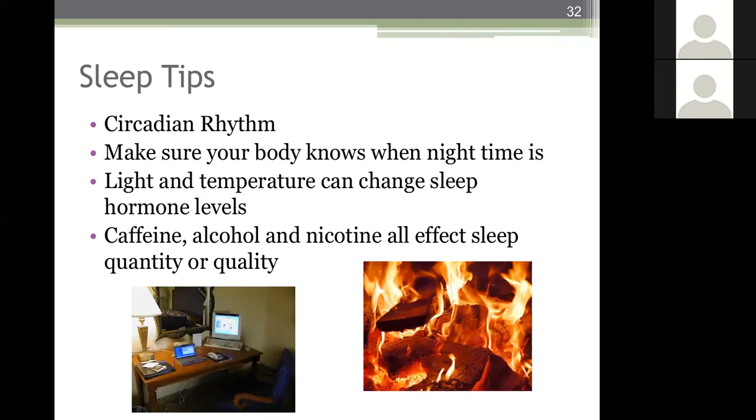Because of the way we evolved, light conditions are very important in determining when you might feel sleepy and when you should be sleeping. So if you are trying to get sleepy at night, avoiding electronic devices that often emit blue light is a really great strategy, or just dimming the lights in your house, for example.